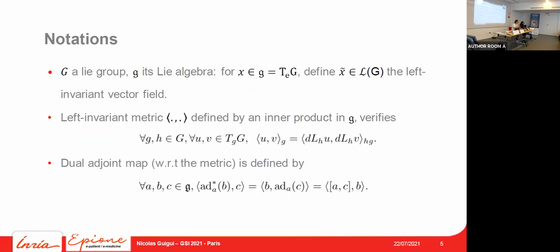And we define on G a left invariant metric, which is thus defined by an inner product in the Lie algebra, and that verifies on the whole group this invariance property, meaning that the left translation L_g is an isometry. And further, we define the dual adjoint map with respect to the invariant metric, as the usual adjoint in the Lie algebra.